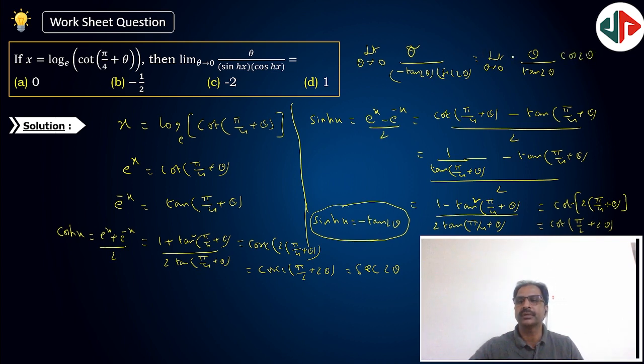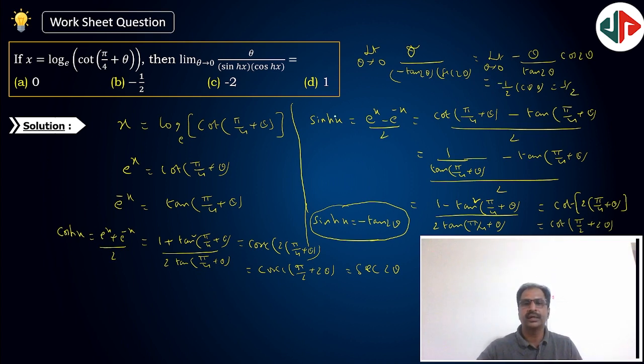So what is the limit of tan k theta by theta? It is k. So here theta by tan theta will be 1, into cos 0. Cos 0 is 1. So the final answer is 1. Sorry, minus 1.